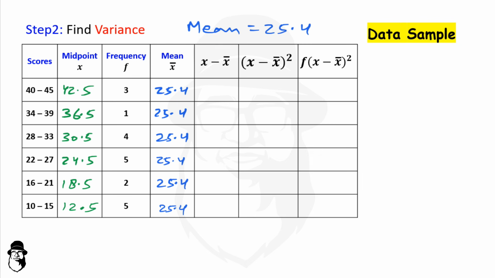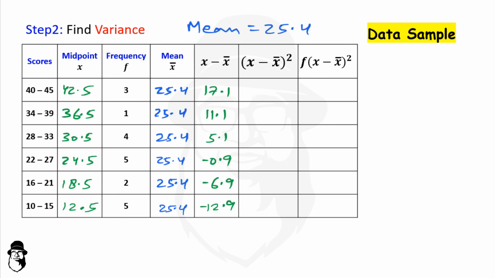So 42.5 minus 25.4 will be 17.1, then 36.5 minus 25.4 will be 11.1 and so on. Keep doing that: 5.1, minus 0.9, minus 6.9, minus 12.9.